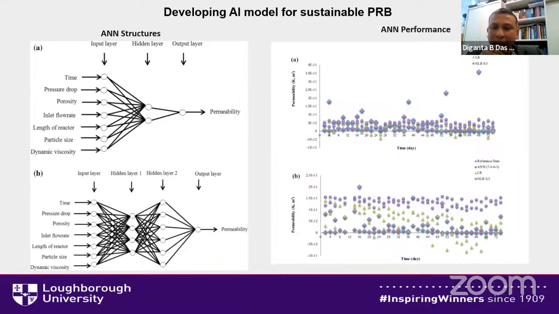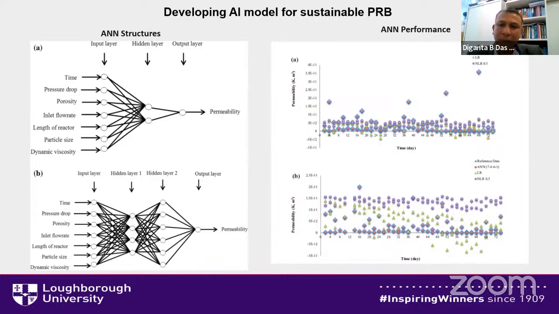Now, one of the key problems of PRB is that it is difficult to model the system. We understand that in ideal conditions it is sort of an ideal reactor, but as soon as you put it in the subsurface, there are so many mechanisms going on that using a physically based model, it is very difficult to understand or model the system.